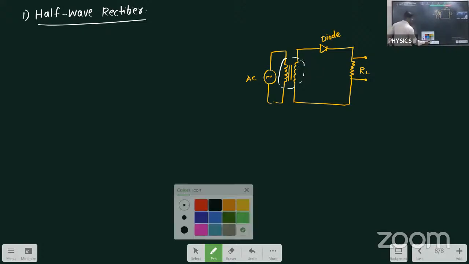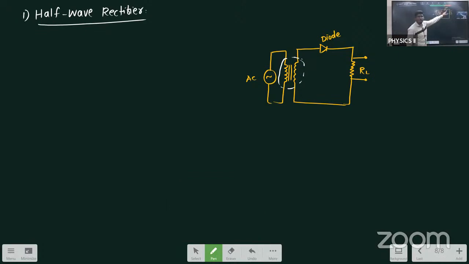So what is the first thing you are supposed to write by looking at the diagram? Only one diode is used in half wave rectifier. What is the first point you are supposed to write?